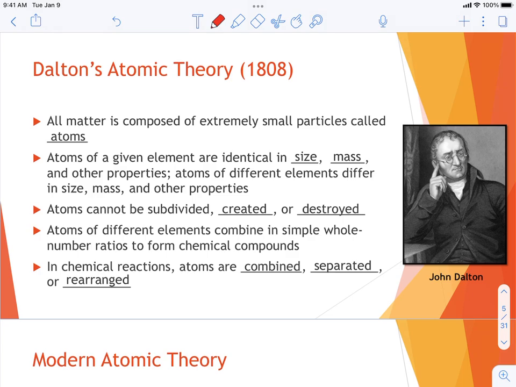He also said atoms cannot be subdivided, created, or destroyed. Atoms of different elements combine in simple whole number ratios to form compounds. And lastly, he said that in chemical reactions, atoms are combined, separated, or rearranged. So those were the 5 points to his theory.